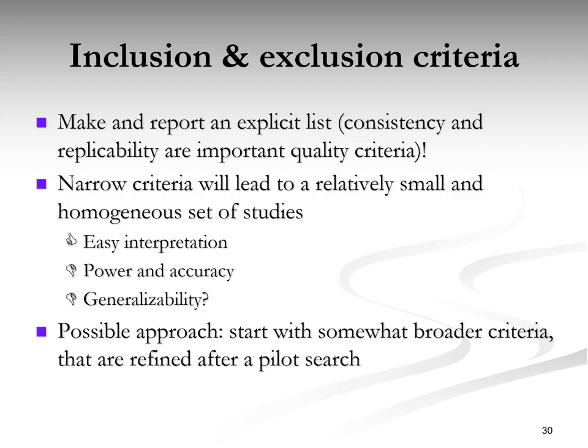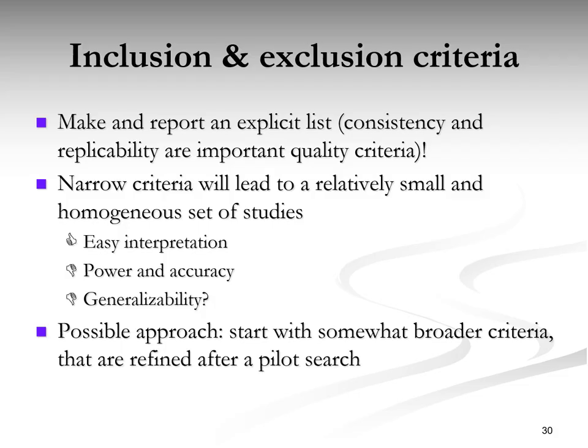A remark is that if you use very narrow criteria, then you will probably end up with a small set of studies, which is not good in a sense, because the smaller the set of studies, the lower the statistical power. On the other hand, if you use narrow criteria, then your set of studies will probably be more homogeneous, so more alike, which makes it easier to draw conclusions or to interpret the results.